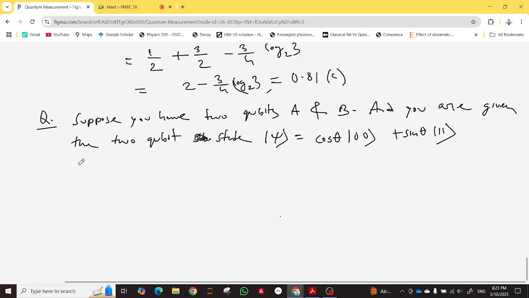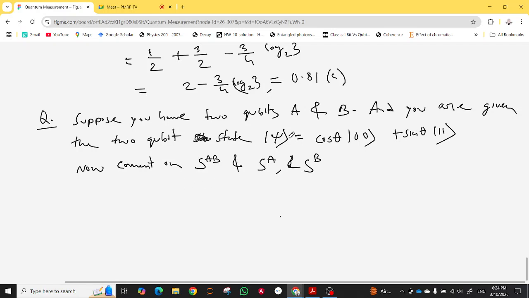Now you have to say something about these two particle states, A and B. Comment on the entropy of, suppose, SAB, like entropy of the mixed state, this mixture, this psi, and the individual states SA, SB, the entropy of the individual subsystems A and B. With A and B, you got this mixed state AB, right?